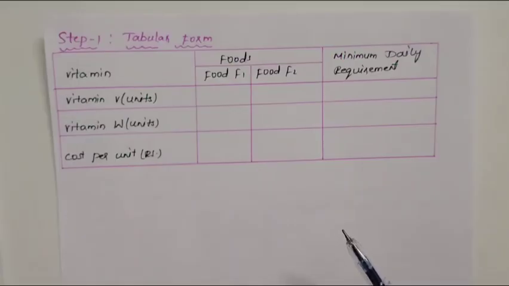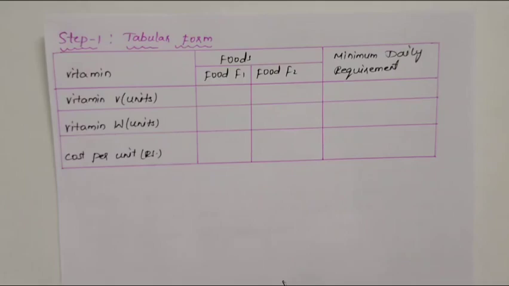Before we start formulating the problem, let's first identify whether it is a maximization or a minimization problem. A simple way to identify the type of problem is by looking for keywords in the question. Keywords such as minimum, minimize, least, cost, requirement usually indicate a minimization problem.